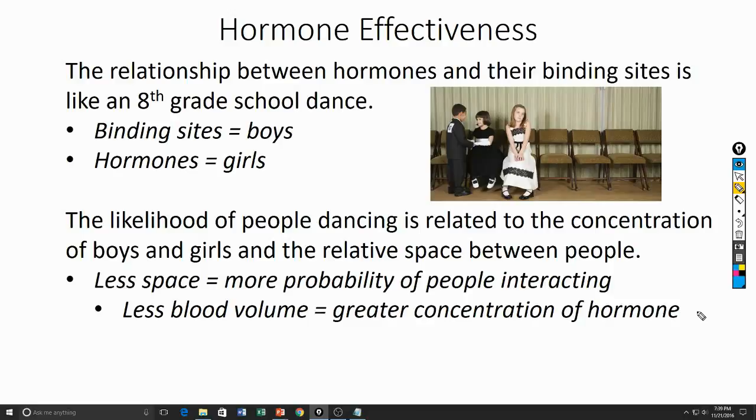So decreasing the amount of blood volume would be analogous to that, increasing the concentration of hormone, right? And by the same token, if you put more of them in the same room, you have a better chance of interaction. So that could be either boys or girls, increasing the number increases the chances of interaction.